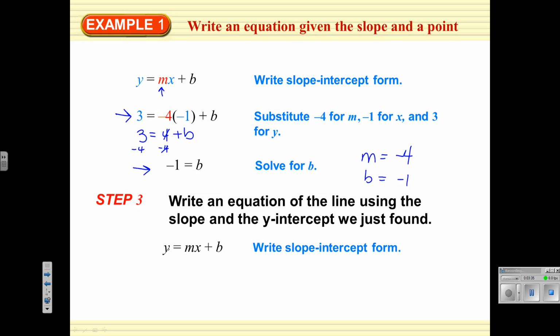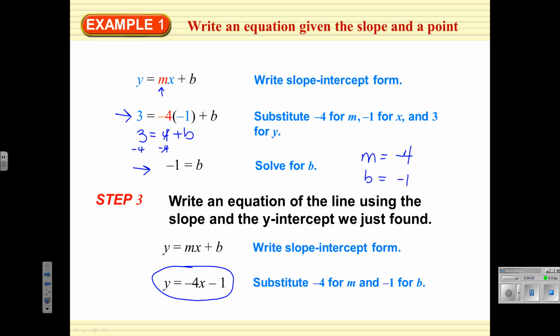This time we will not use the y and x coordinates because we don't need them. We need an equation of the entire line, not just those coordinates. So now we'll do like we just did yesterday when they gave us this information, and we substitute our slope and our y-intercept in. So I took my -4, put it in for my m, my -1, put it in for my b. There's my equation.